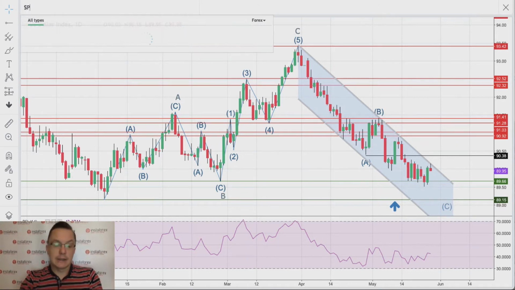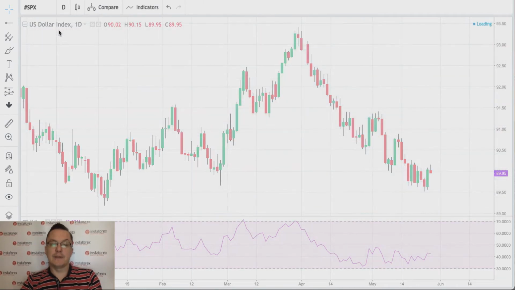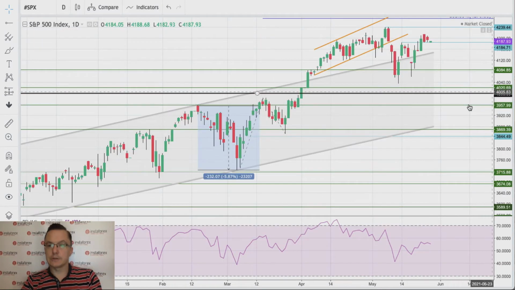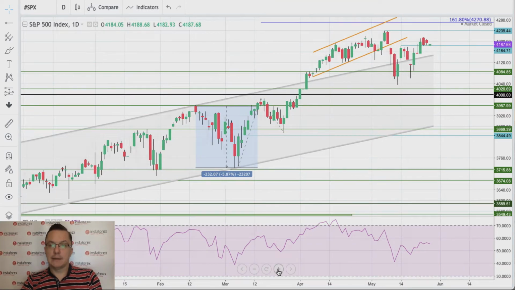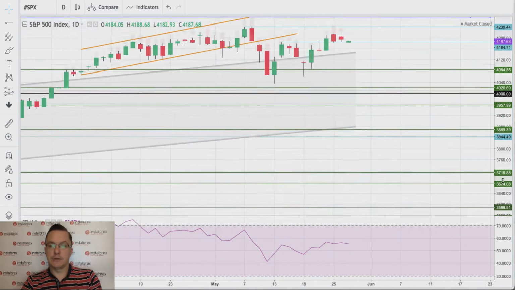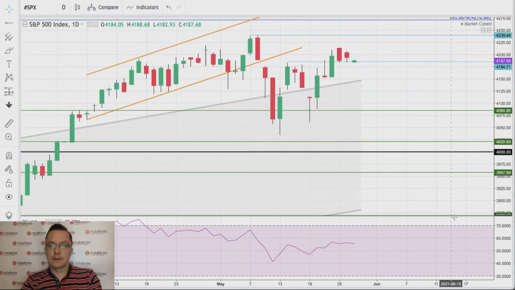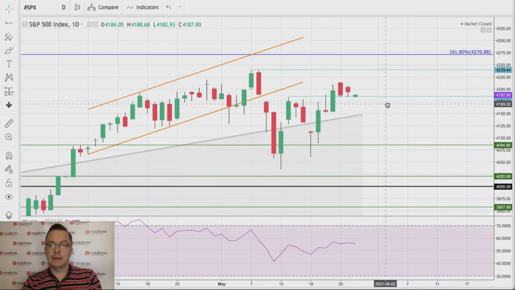Let's take a look at the S&P 500 index, what is going on here. As you can see, we are back in the zone, which is very familiar to us.